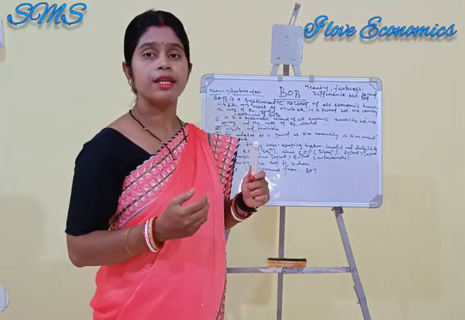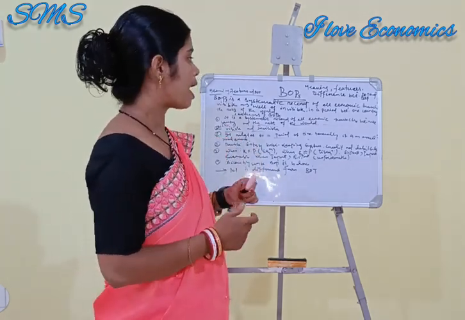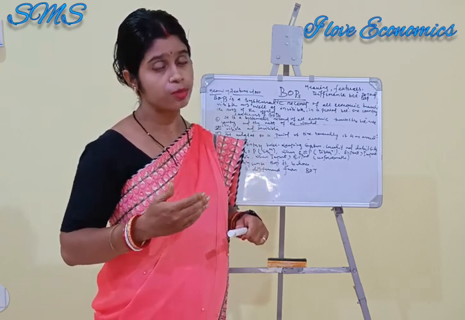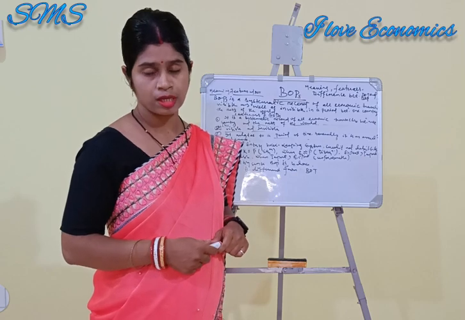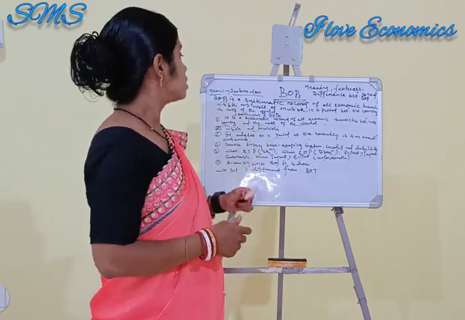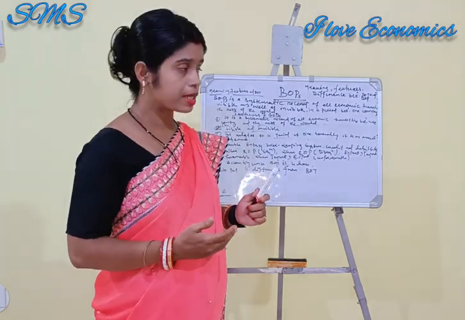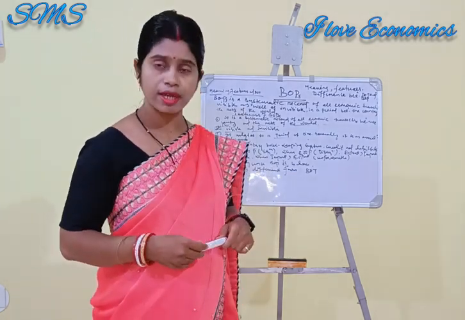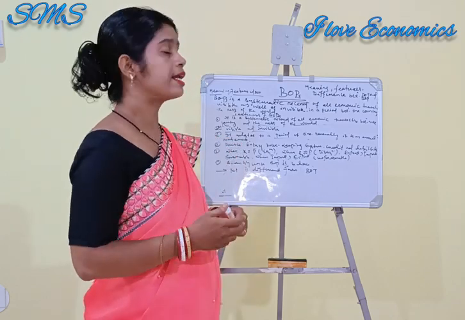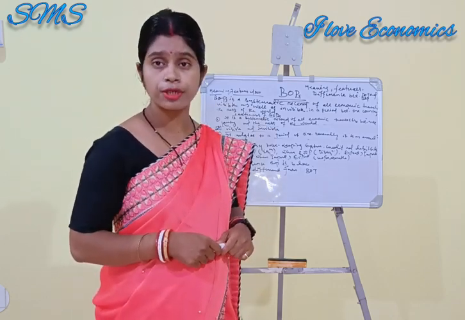That means in a period of time, and between one country and the rest of the world. So we can say balance of payment is a systematic record of all economic transactions, visible as well as invisible items, dealt with in a period of time.